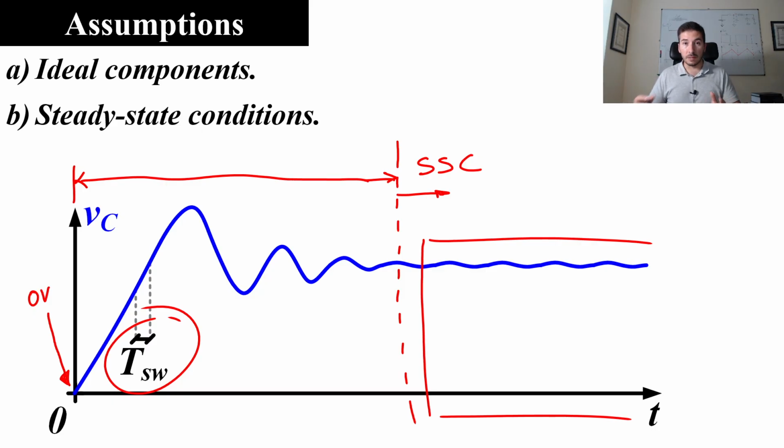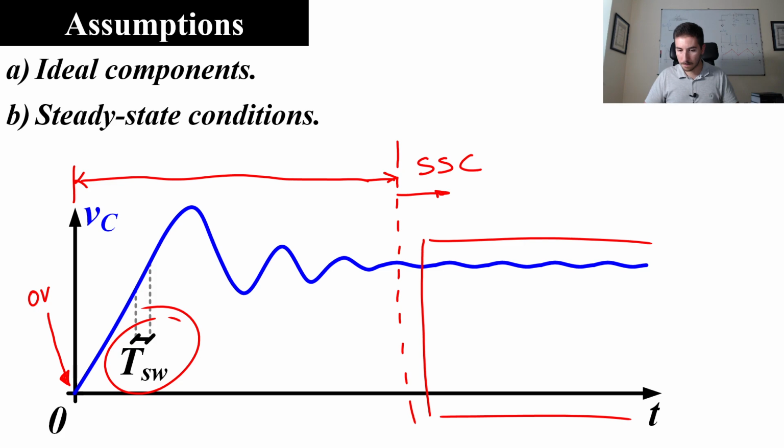It's not a problem because one of the most important things that we need to know when we start studying power electronics is the operation of converters in steady state conditions. The initial transition of the turn on is something, let's say, for advanced topics.